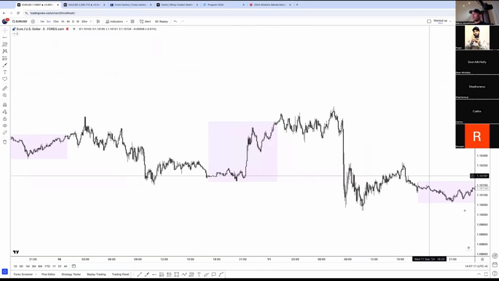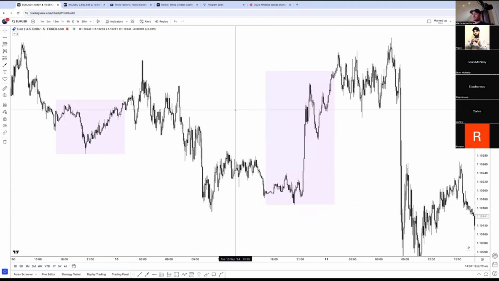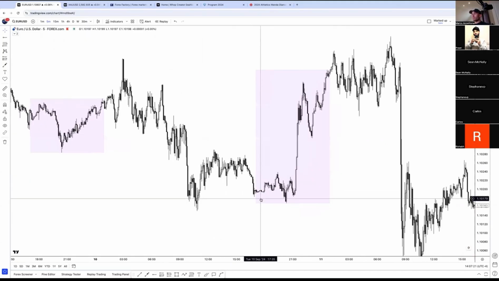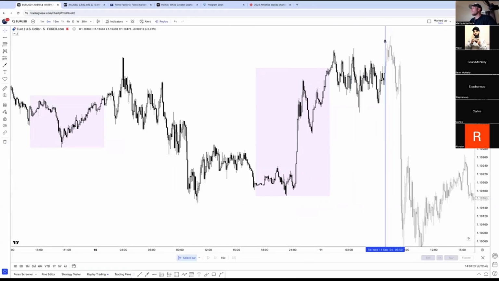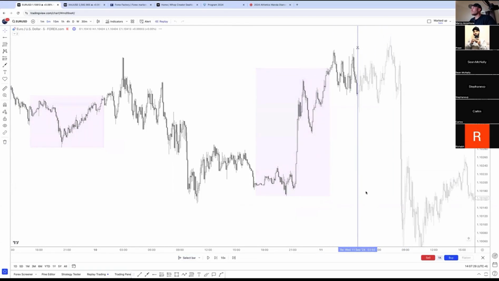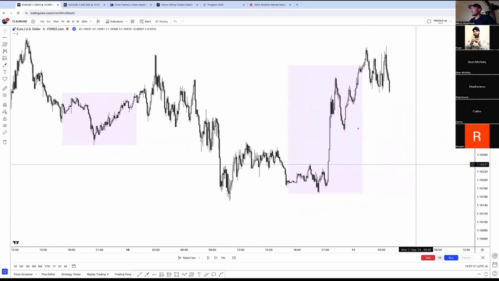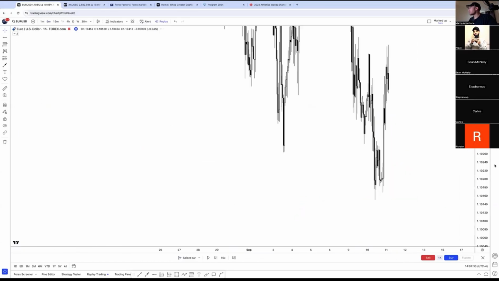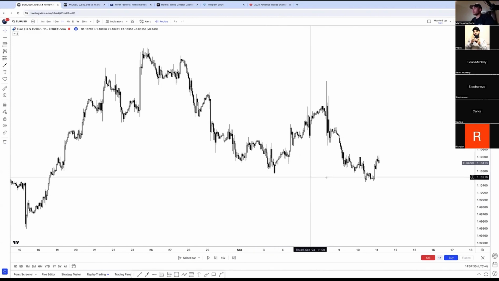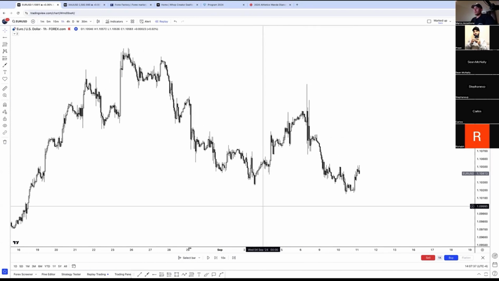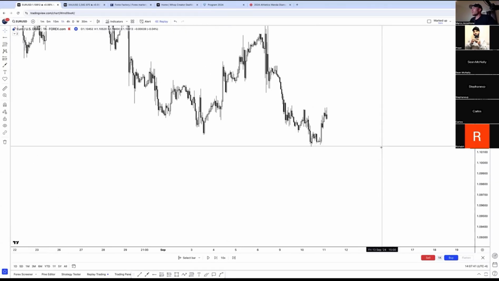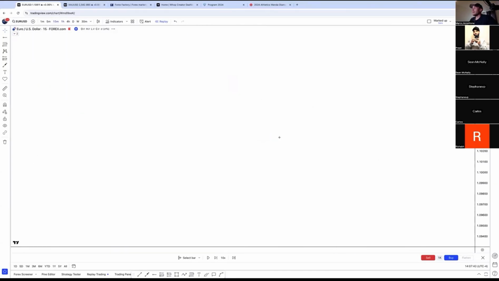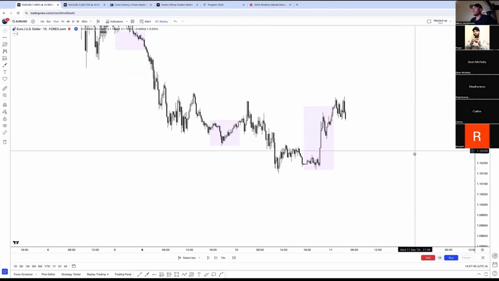And Asia ended up pushing price up. Okay, so I took a long on Tuesday on Euro. So let's dissect everything step by step here.